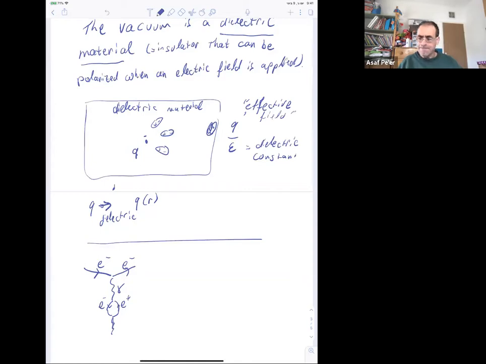So one of these particles is being attracted to the original charge Q, according to Coulomb's law, and the other is slightly repelled. Now they don't live long enough to actually interact with that, but they do feel the force still.